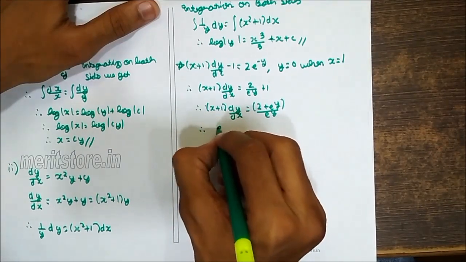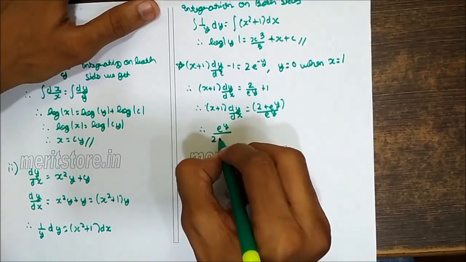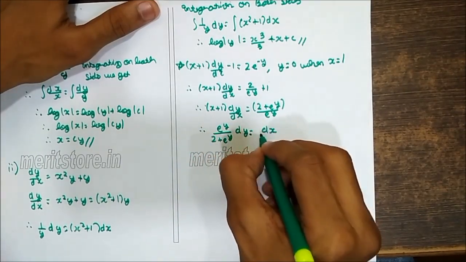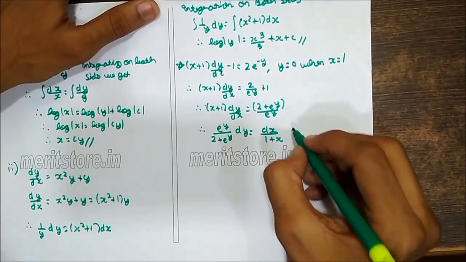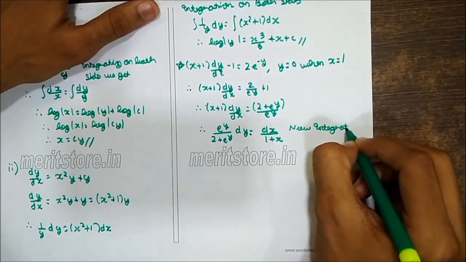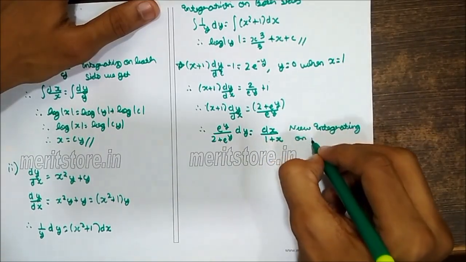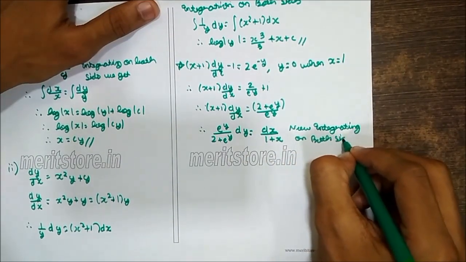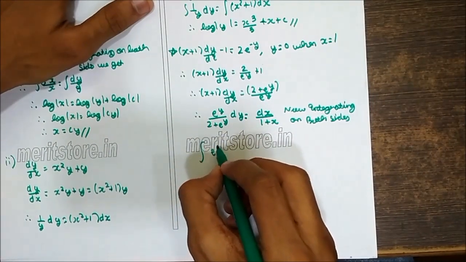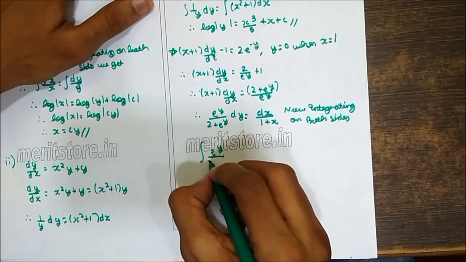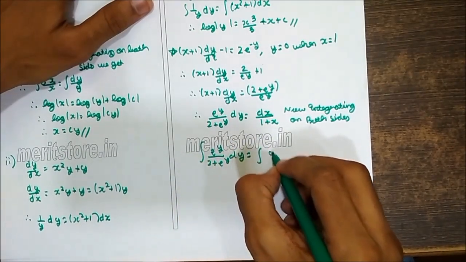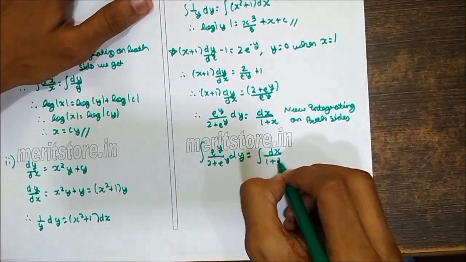Therefore e raised to y upon (2 plus e raised to y) dy is equal to dx upon (1 plus x). Now integrating on both sides, we should get the integration of e raised to y upon (2 plus e raised to y) dy is equal to the integration of dx upon (1 plus x).